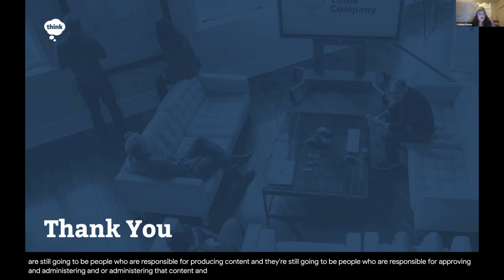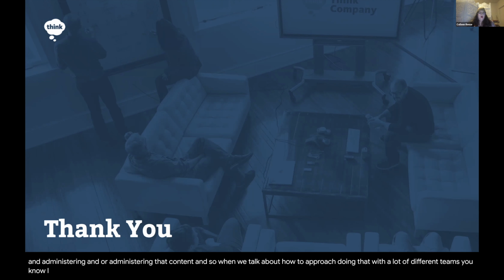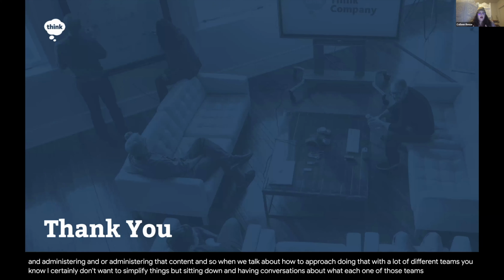And so when we talk about how to approach doing that with a lot of different teams, I certainly don't want to oversimplify things, but sitting down and having conversations about what each one of those teams needs out of this experience.